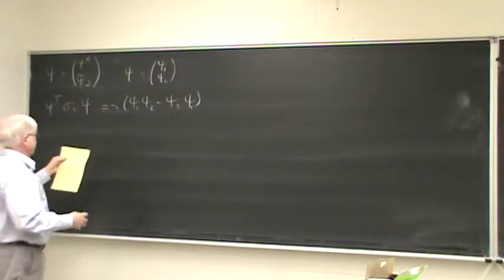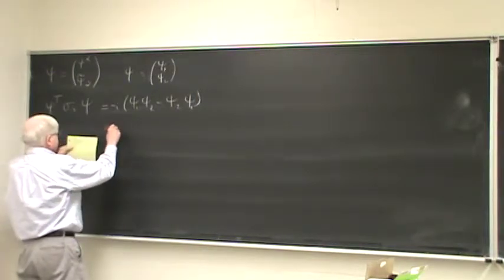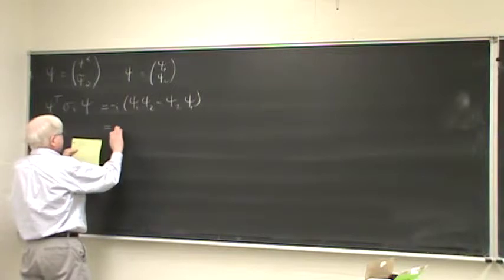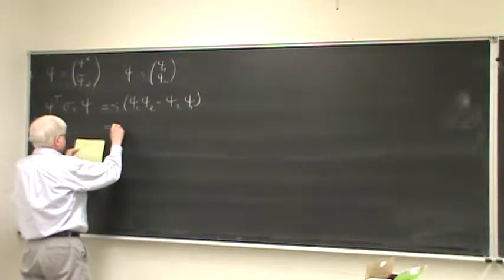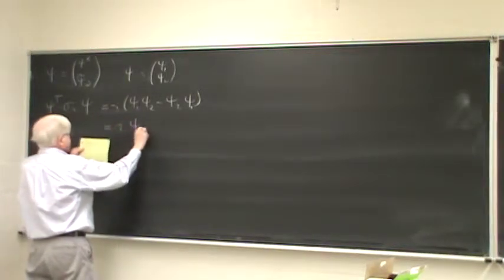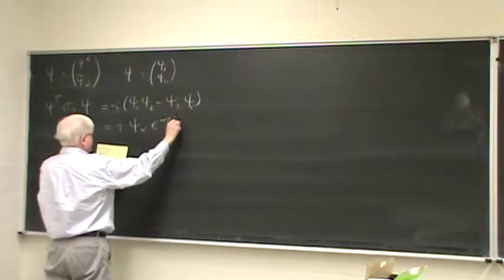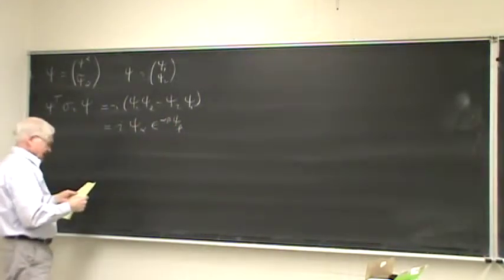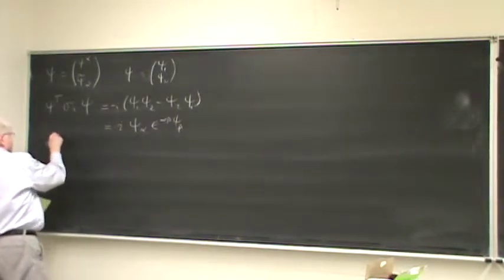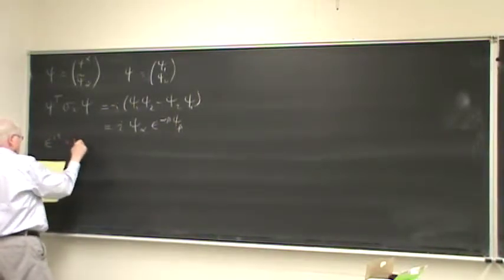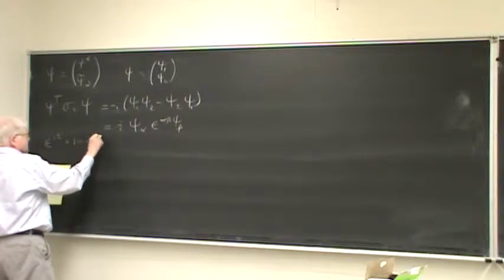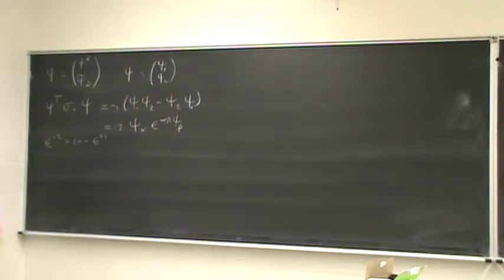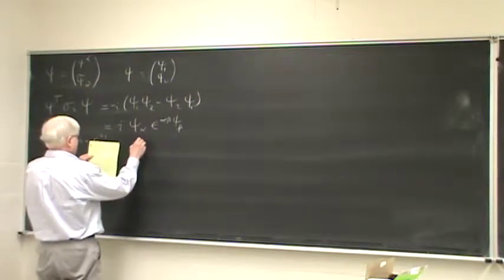Now, what people like to do is to rewrite this as i psi alpha epsilon alpha beta psi beta, where epsilon 1, 2 is 1, and that's minus epsilon 2, 1. So this is like the Levi-Civita tensor, but in 2 dimensions instead of 3, or for that matter, 4.